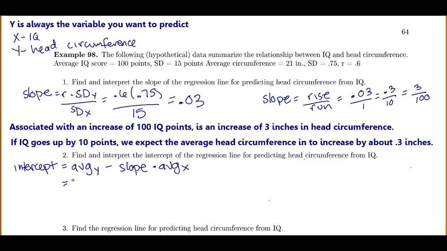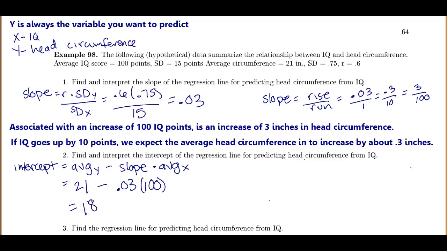The average of y, our circumference, is 21 inches. Our slope we just found is 0.03. And our average for x, the average IQ score, is 100. This gives me 18.